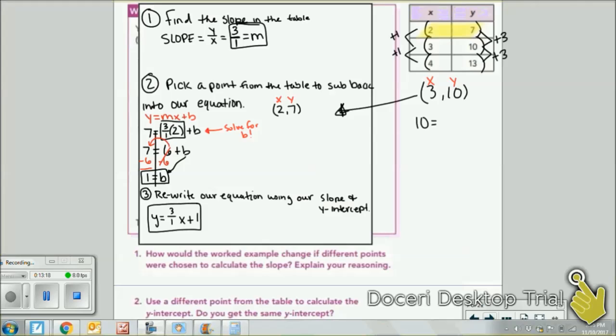We still have the same slope, 3 over 1. In parentheses, we put our x value, which is 3 now, again getting this information from our new point, plus b. And again, we've got to solve for b. I'm going to split my equation, and then I'm going to give you about 30 seconds here to figure out what b is.